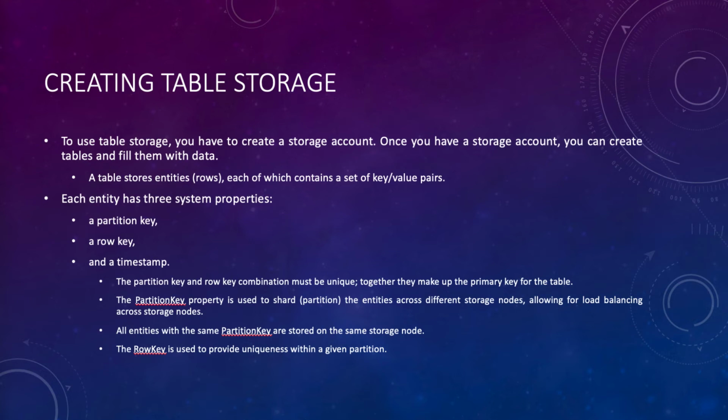And the next could have customer ID, order ID, item count, code, date and time, and so on. So you can store whatever you want. You can create any type of entities in this table. And the only limitation you have is that you can store up to 252 key value pairs in each table entity. That's the only limit you're looking at.